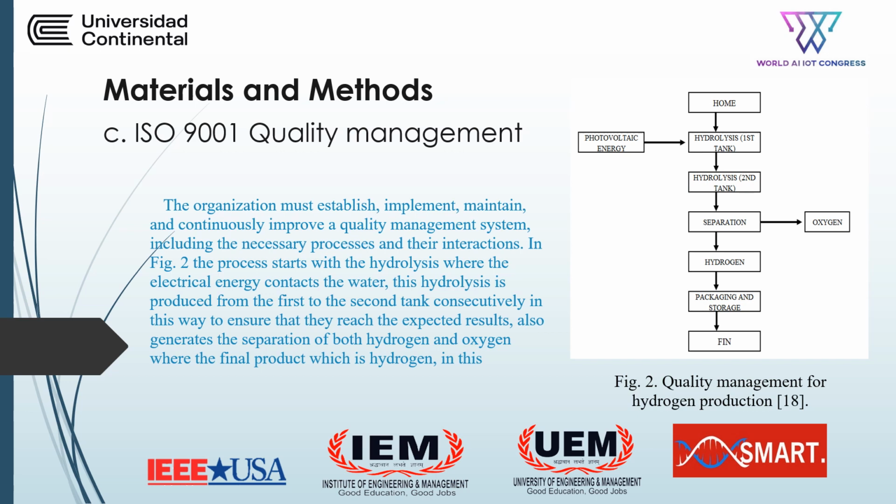Figure 2. The first is the hydrolysis, the first tank, and the second tank; the supply is photovoltaic energy, with the separation of oxygen and hydrogen, then the packing and storage of the finished product.